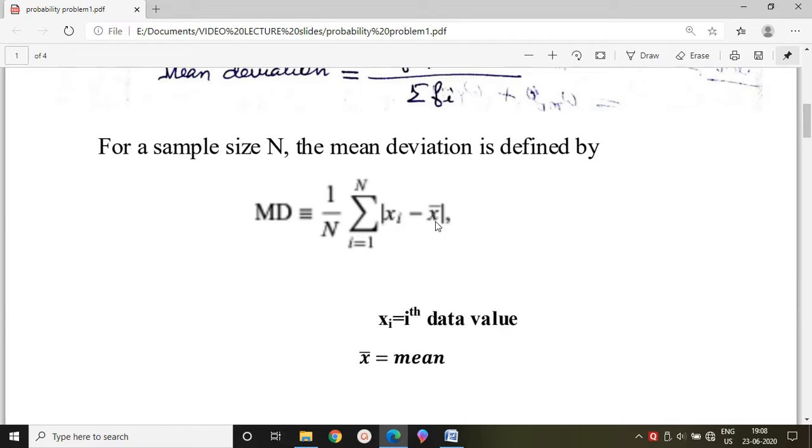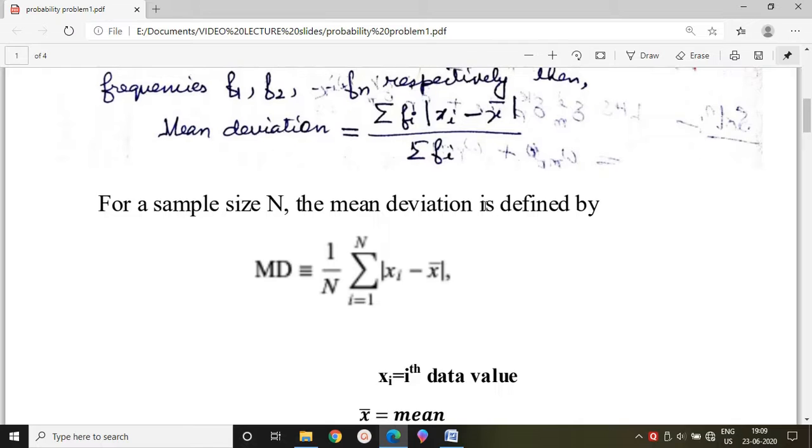You find x1 minus x bar, next x2 minus x bar, then x3 minus x bar. You keep adding them till the last one, xN minus x bar, and you divide by N. Then you will get the mean deviation.